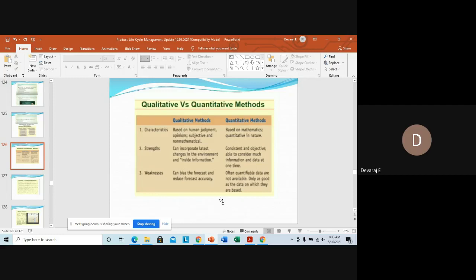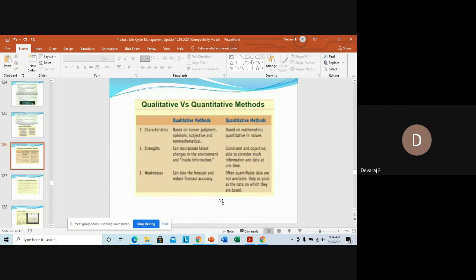But when you go for the quantitative method, if you go for a new product, you should solve using equations. Depending upon the equations, you will get the results, so that you can predict whether this new product can succeed in the market or not.